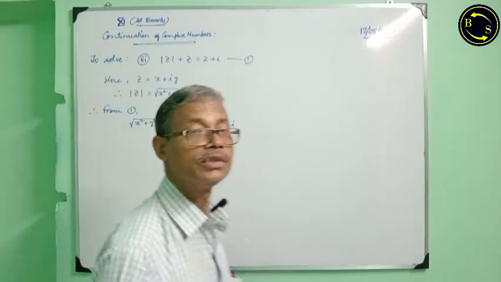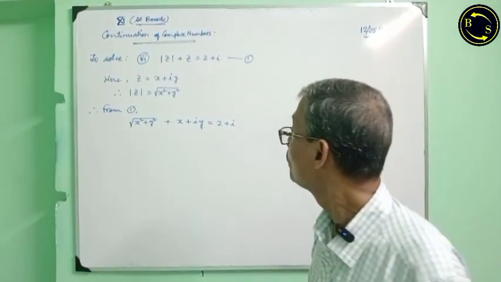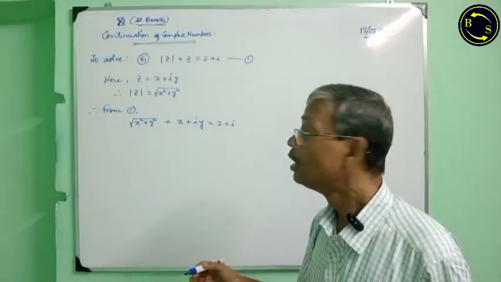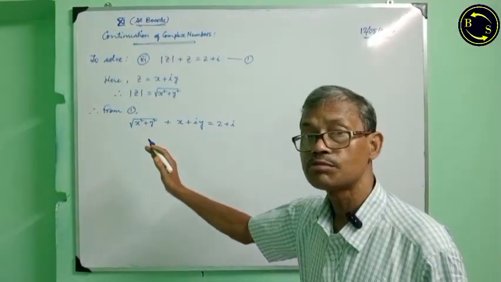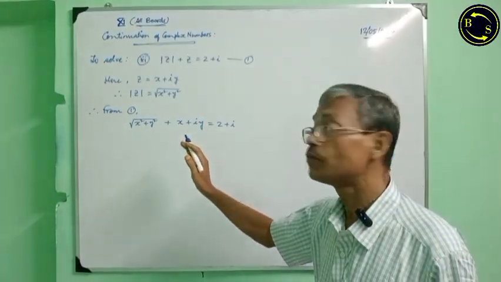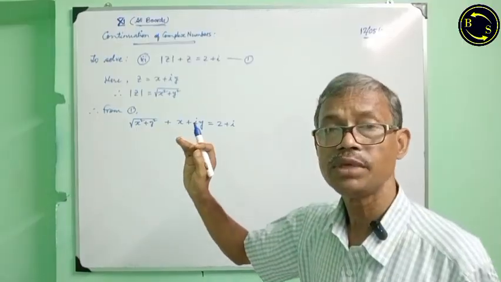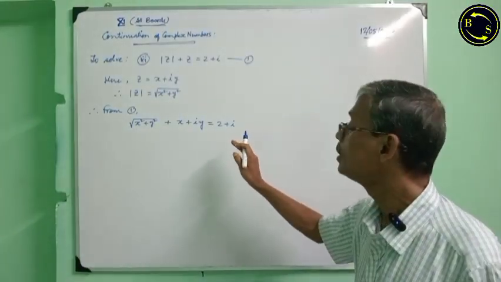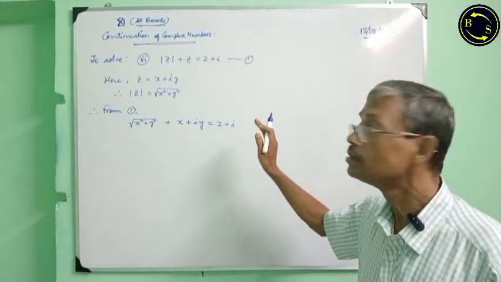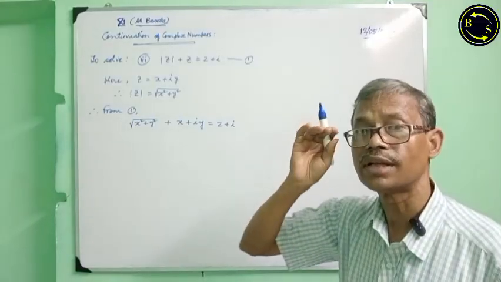Now to solve, the first step will be we write the left side in the standard form, that is of the form a plus ib, and write the right expression in that standard form.